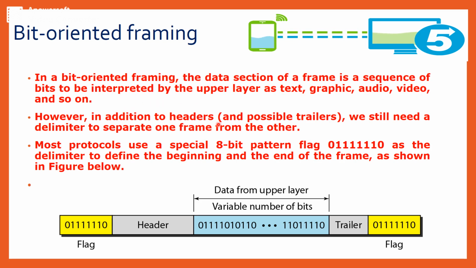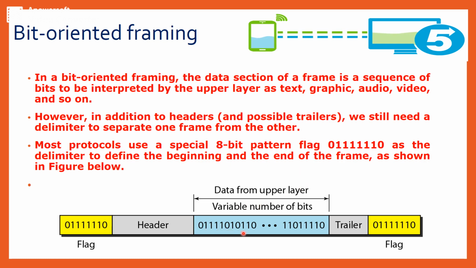In addition to the header and trailer information, we need to add a delimiter to the frame in order to separate one frame from another frame. Most protocols use a special 8-bit pattern flag, 01111110, as the delimiter to identify the beginning and end of the frame.